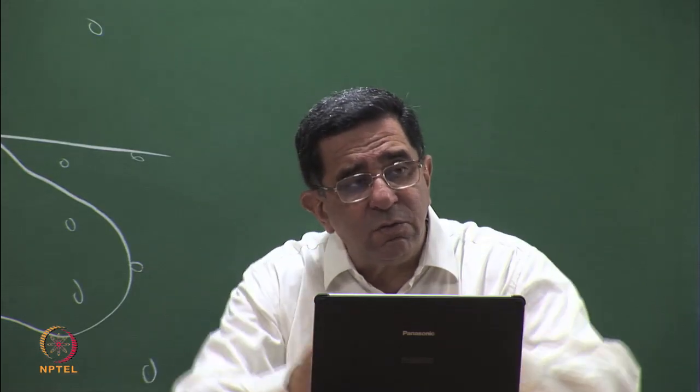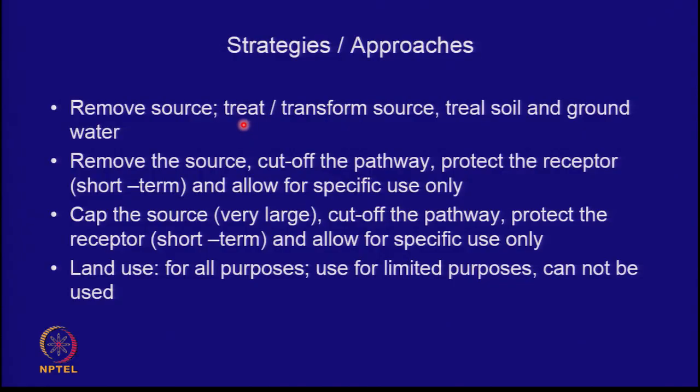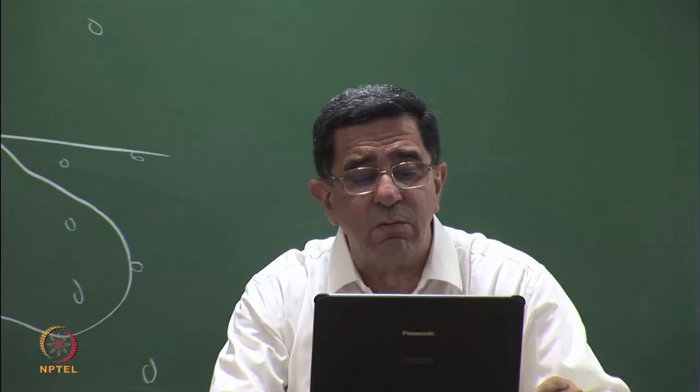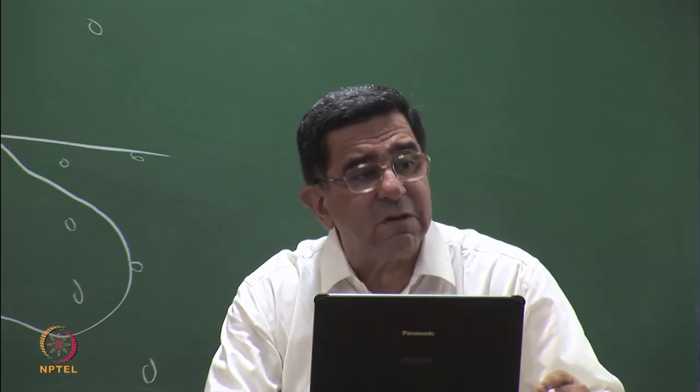So you may have to remove that sludge which is on the top. You'll have to see how many meters down the chromium has traveled in the soil. You might want to remove the soil. It may not have reached the groundwater yet, and if it has reached the groundwater, you might want to do pump and treat. That's if it's small. Suppose it is big.